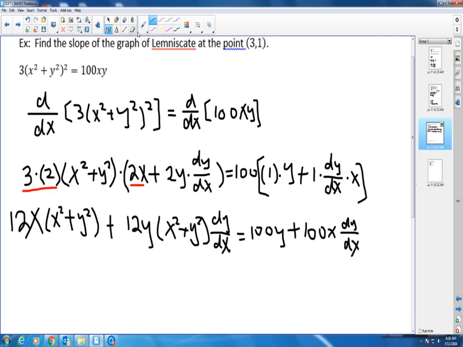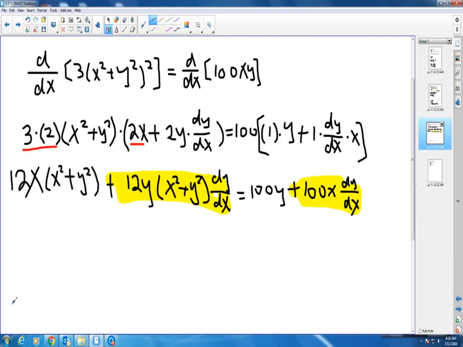Alright, so this term has dy/dx in it. So is this term. So I will move the 100x over to the left side. At the same time, I'll move the 12x times to the other side.